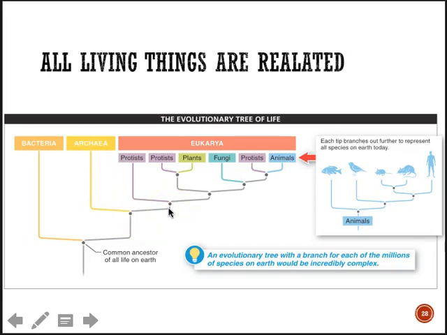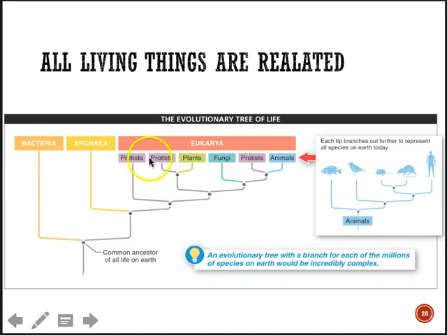One of the interesting things that you might notice about this phylogeny is that you see protists on here 3 times, and that's kind of a new thing to do. That's because we've been using DNA and other techniques to group organisms together, and it turns out that there are a lot of protists that are really similar to plants, and a lot of protists that are really similar to animals, and a lot of protists that aren't really that similar to either one.